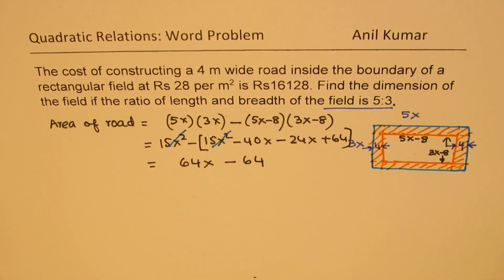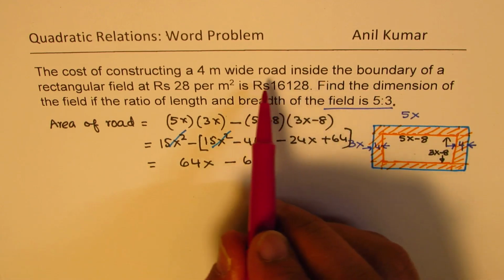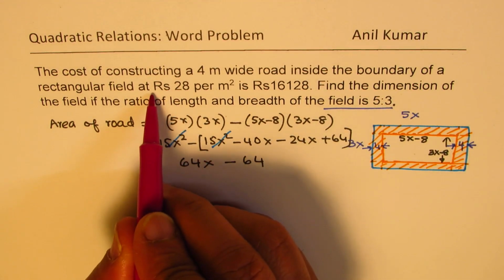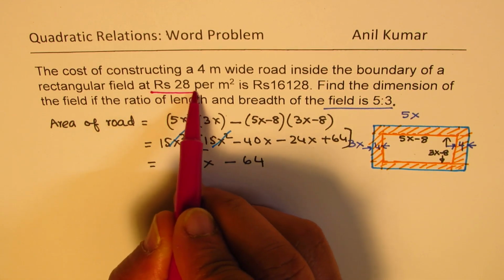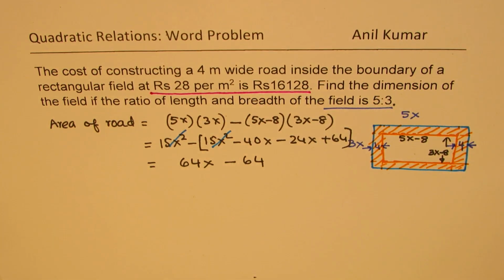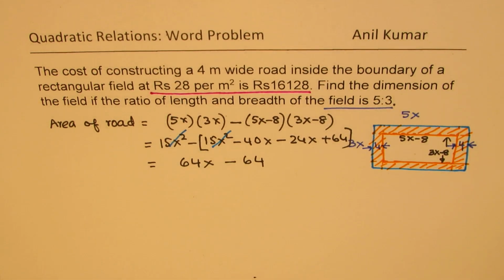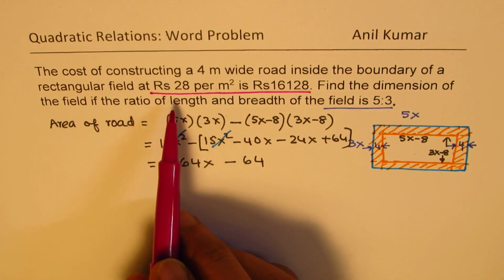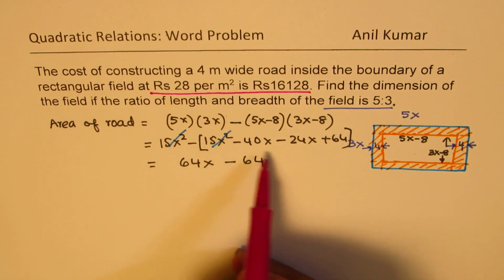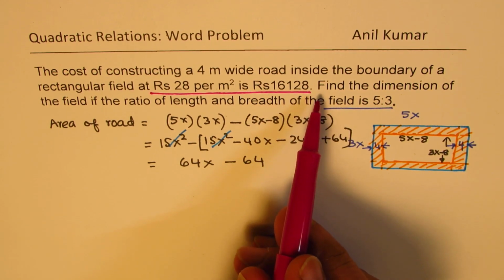Now, what are we given here? We are given that the rate of constructing this road is 28 rupees per meter square, and it comes to 16,128, right? So taking that into account, if I multiply this area by 28, I should get 16,128, correct?